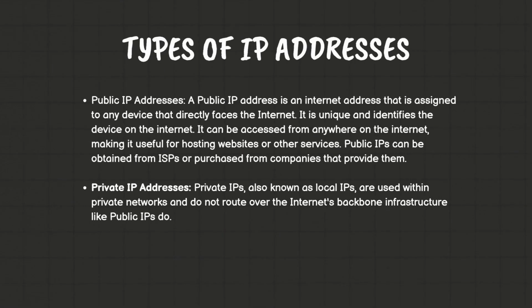Types of IP addresses. So in the previous slide, while talking about the IPv4 addresses, we found out that the IPv4 addresses, which is a common IP address in use today also, can only have up to 4.3 billion addresses. However, last I checked, the total population on our planet Earth exceeds more than 7 billion, and as we know, every device on the network has to have an IP address in order to communicate with other devices.